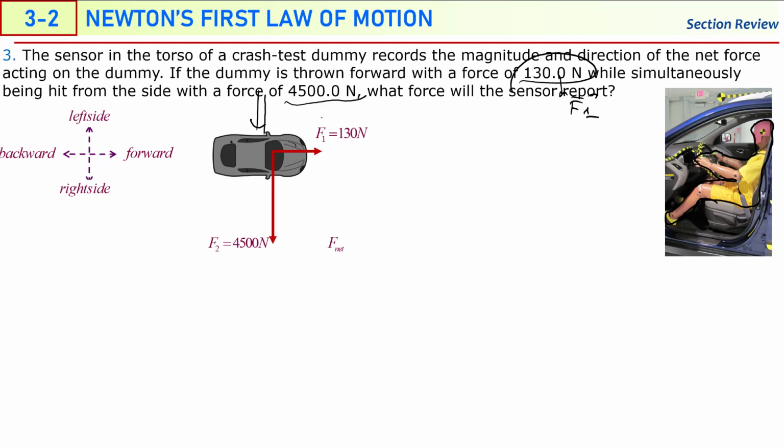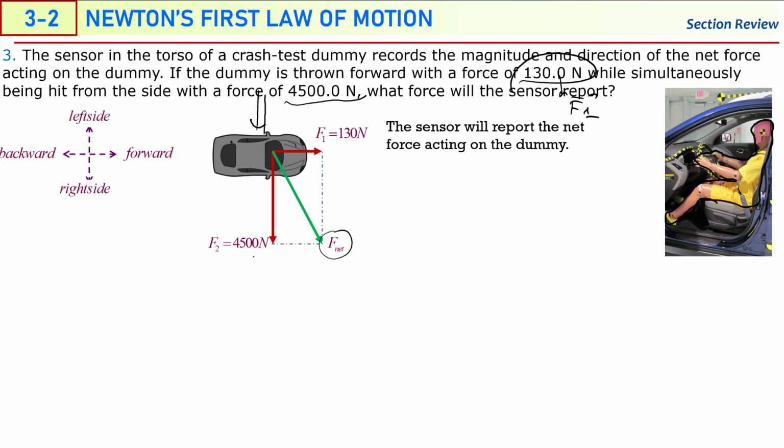The sensor will report, of course, the resultant of these two forces. So I have to calculate the resultant or net force acting on the dummy using the vector addition method. When I add F2 to the tip of F1, I get this F net, which is the resultant of these two forces. I can calculate its magnitude using Pythagorean theorem: square root of F1 squared plus F2 squared.